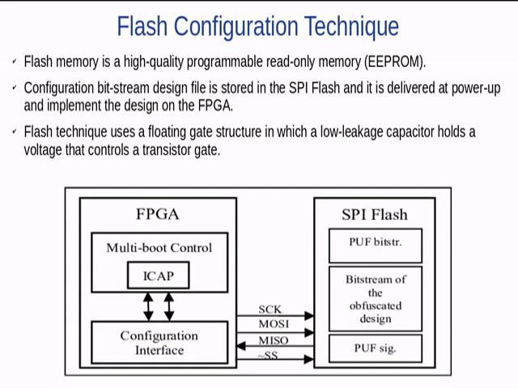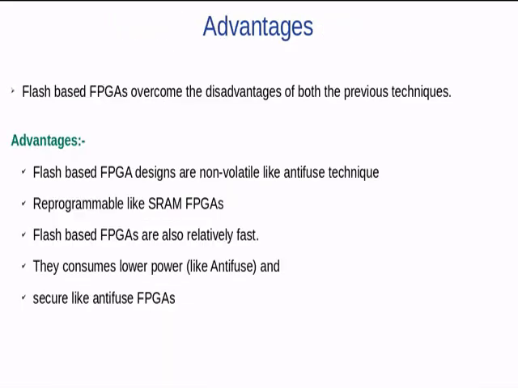Flash technique uses a floating gate structure in which a low leakage capacitor holds a voltage that controls a transistor gate. There are advantages of flash based FPGAs because the disadvantages of the previous two techniques are overcome by this technology.